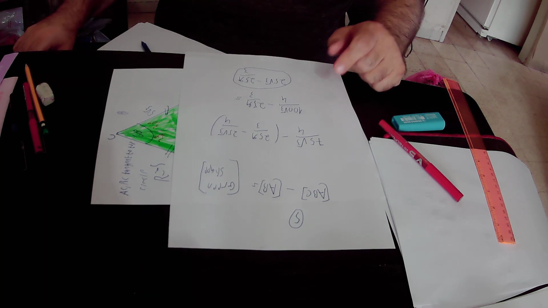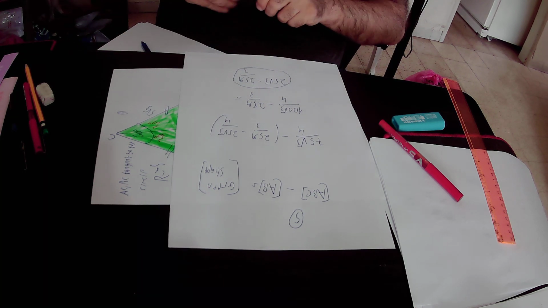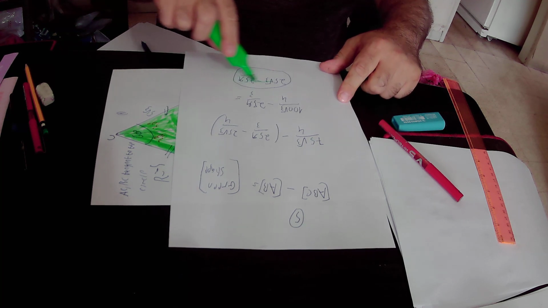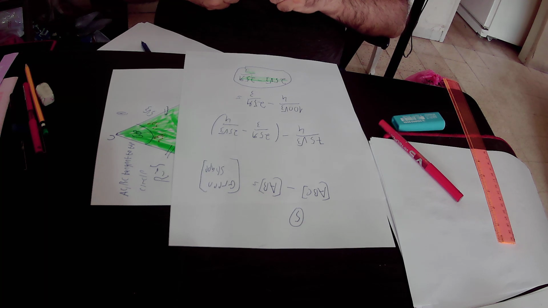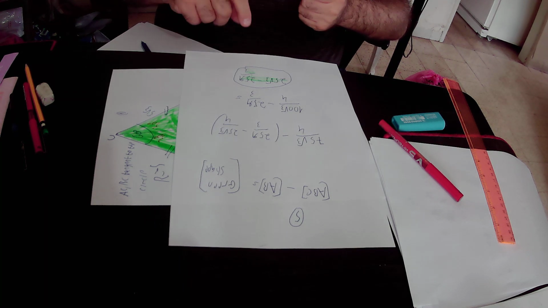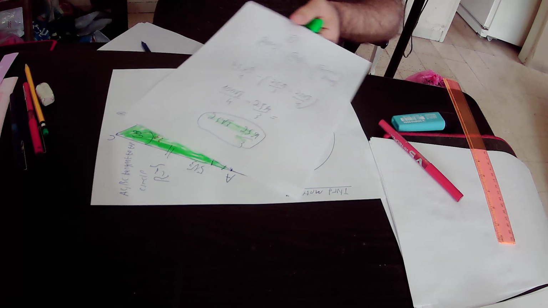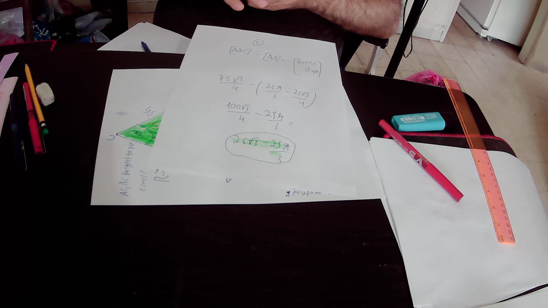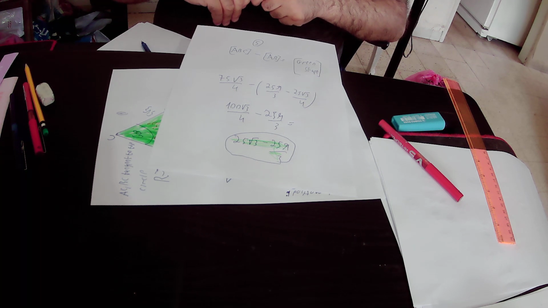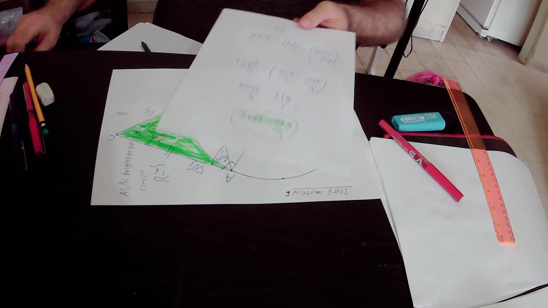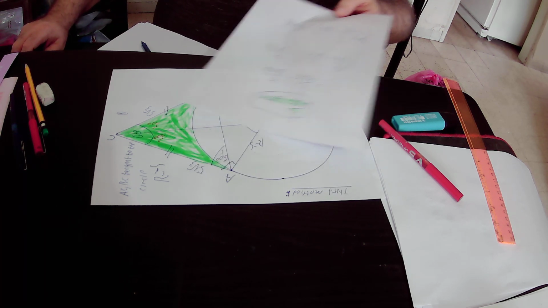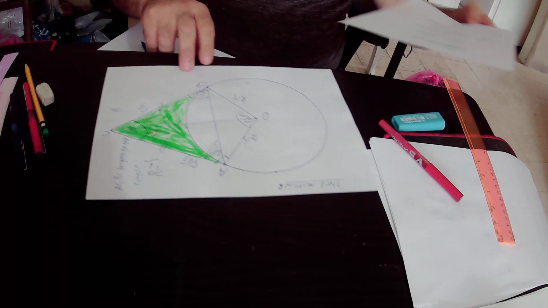So the area of the green shape equals 25 times root 3 minus 25 pi over 3 square units. Okay? According to the third method, the area of the green shape equals 25 times root 3 minus 25 pi over 3 square units. Okay? So now I will summarize the lecture.